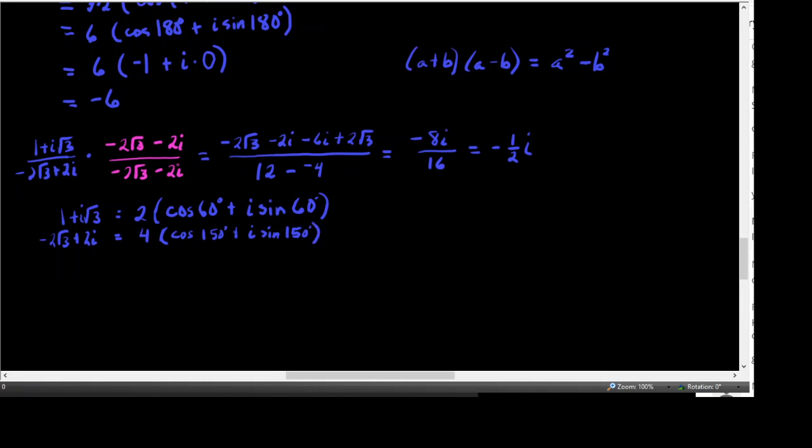And then the answer, -1/2 i, in polar form is 1/2 cosine of negative 90 degrees plus i sine of negative 90 degrees.